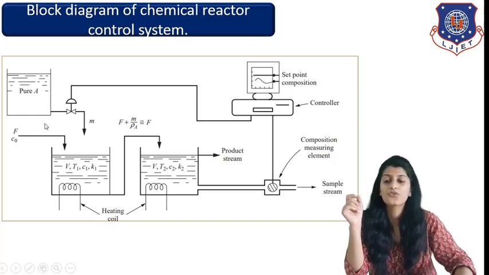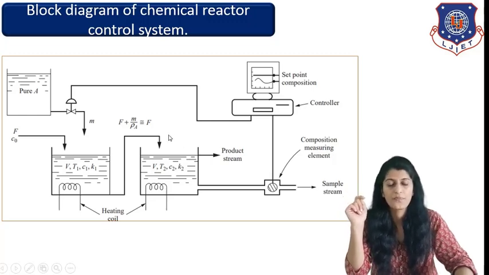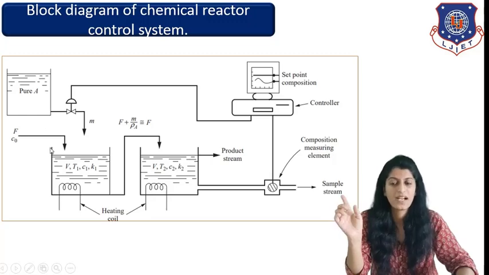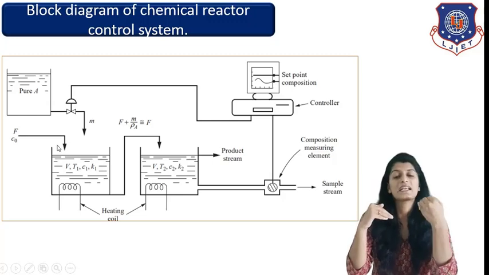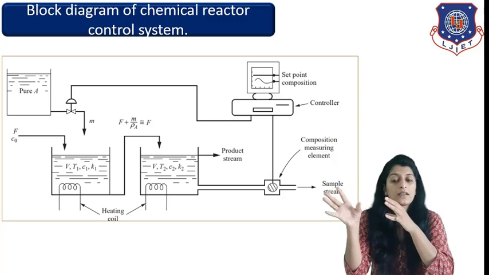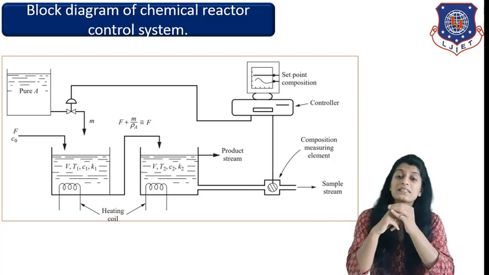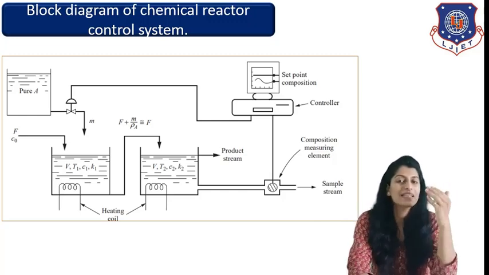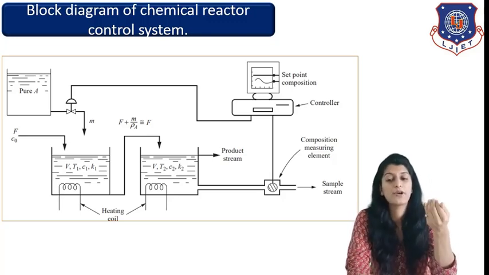The outlet from tank number 1 is being fed to tank number 2. Tank number 2 is again our CSTR, right? So this is the first CSTR and this is the second CSTR. In tank number 2, the outlet coming from tank number 1 will serve as inlet for tank number 2. So already the partially converted products are being sent to tank number 2.